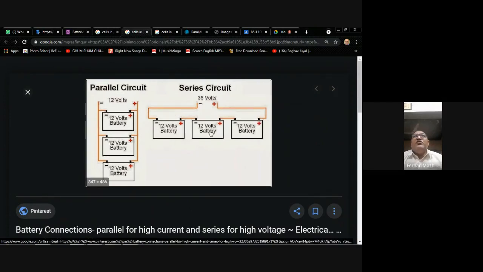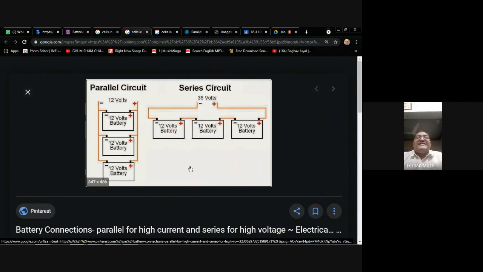So you see, if you connect the batteries in such a way that the positive of the first is connected with the negative of the second, the positive of the second is connected with the negative of the third, and from the negative of the first and from the positive of the last you take out the connection wires, you have connected the cells in series.